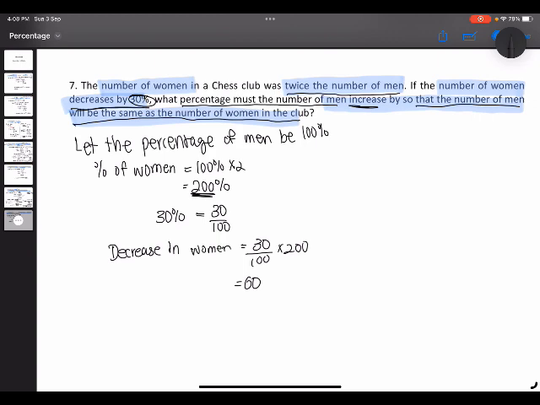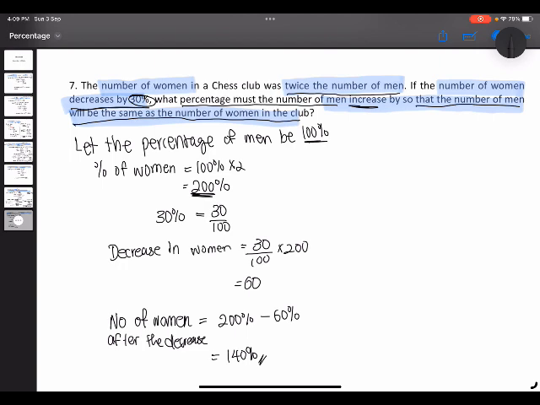So now let's find the number of women after the decrease. 200% minus 60% gives us a value of 140%. So since the number of men is 100%, and the question is asking that the number of men must increase so that the percentage of men and women must be the same. So number of women is 140%.